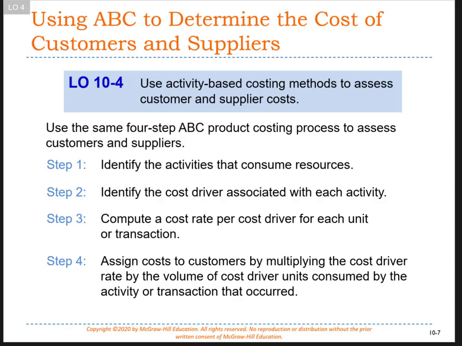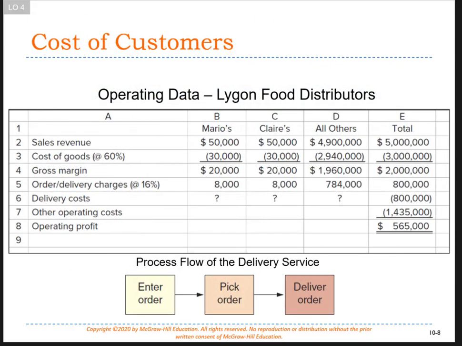Okay? And then we'll assign the cost to customers rather than to products. We're identifying it by customers based on the volume of the cost drivers that they use. So we're basically taking the same process we learned earlier and applying it to a customer base.